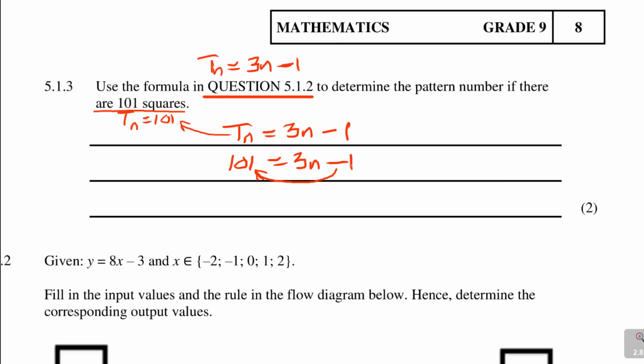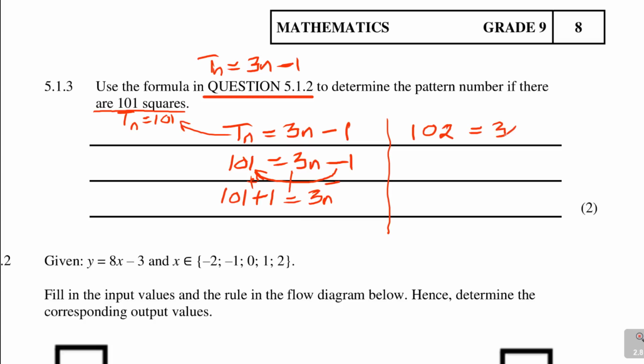So it is negative, it will become positive. So it will be 101 plus 1. Remember, it's negative, it jumps the equal sign, it becomes what? Positive. Is equal to 3n. Okay, so now what is 101 plus 1? This is 102 is equal to 3n.